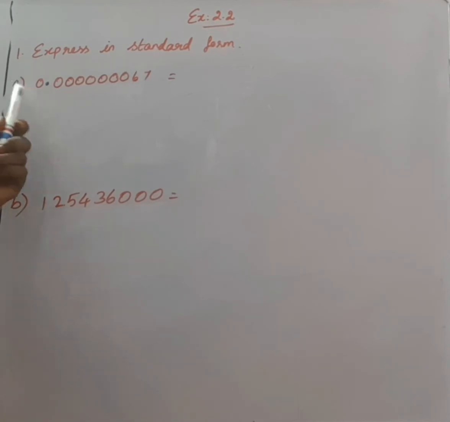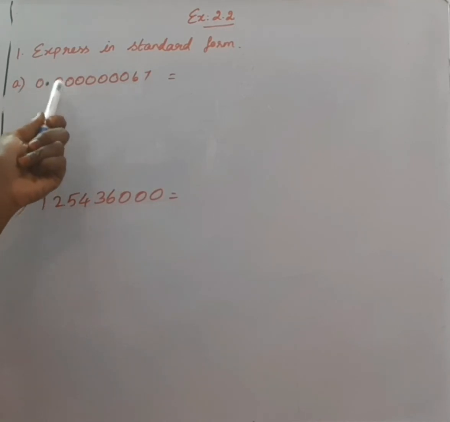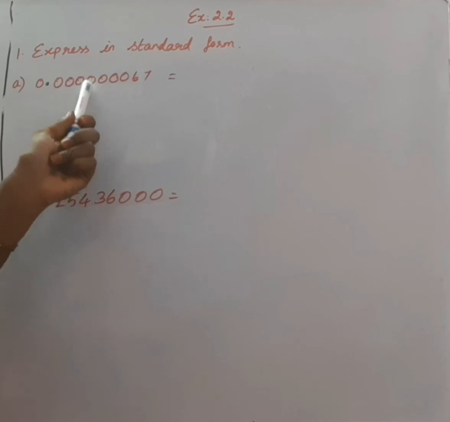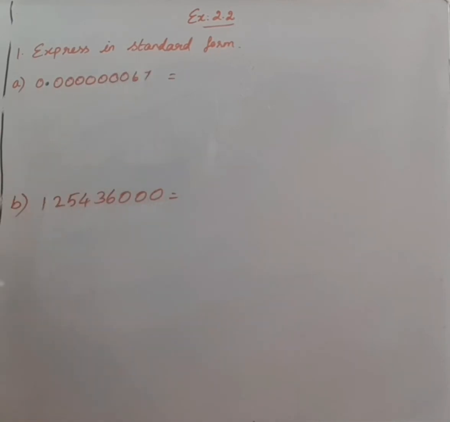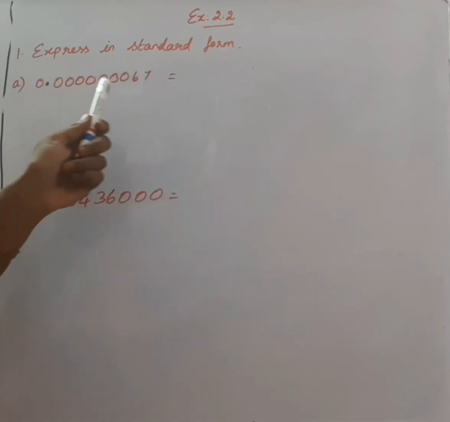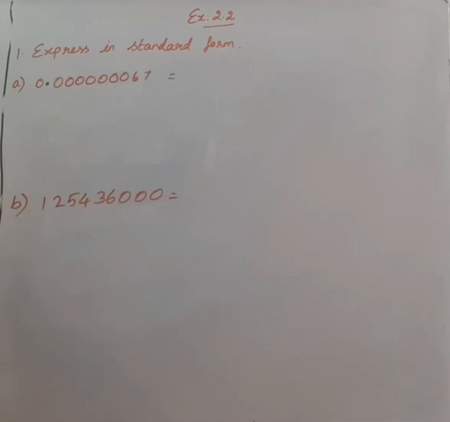Here we have 0.000000067. Okay. So in the last we have a two-digit number, that is 67, isn't it? After the decimal place, so we are reading that as 67.